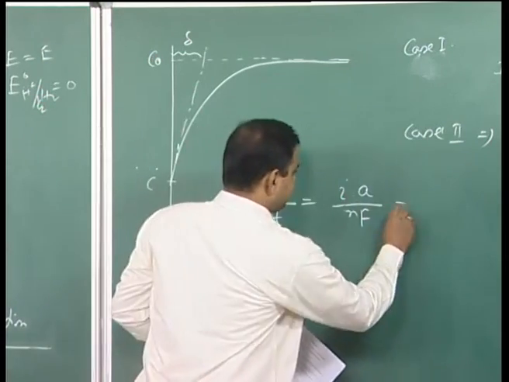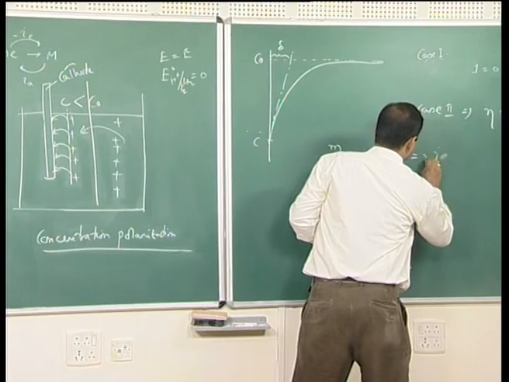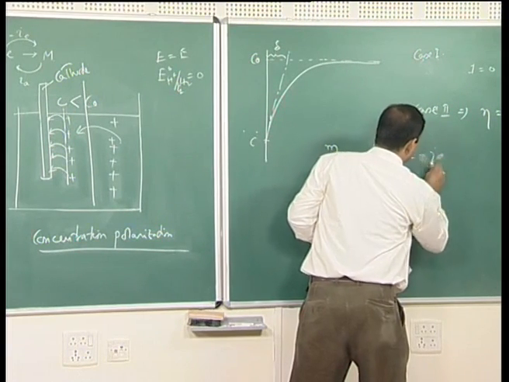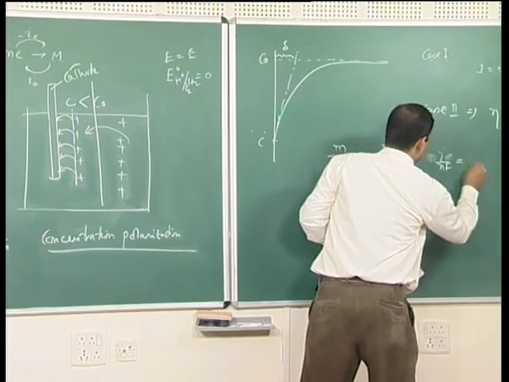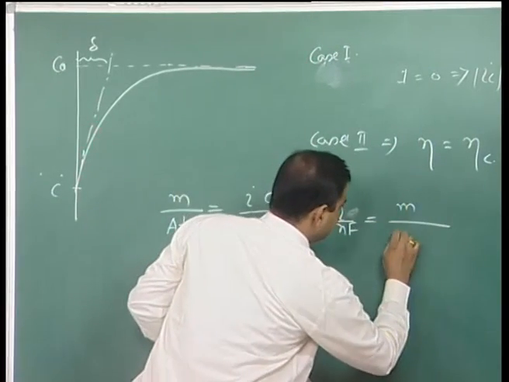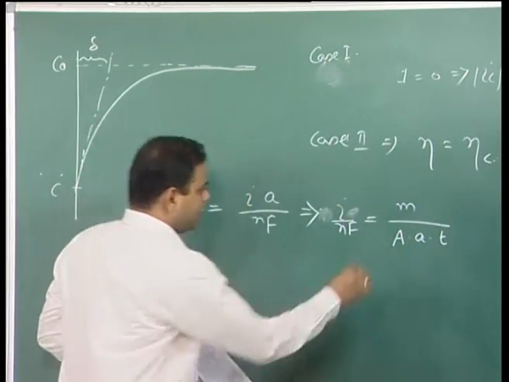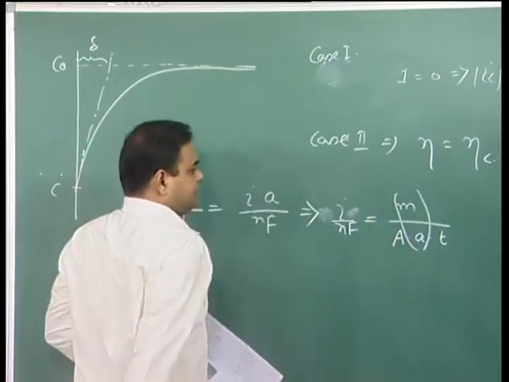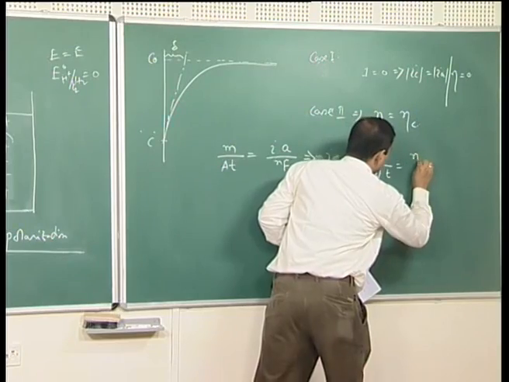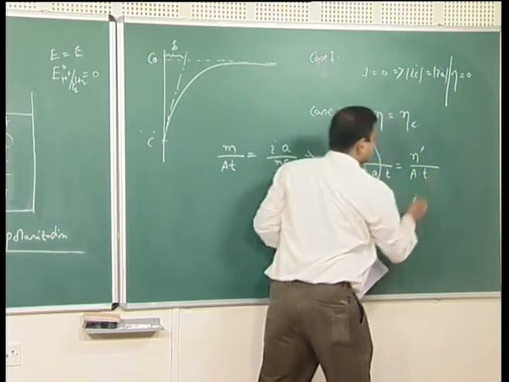Now from this I can find out I into a by n F, that is m by A into t. And what is this? This is nothing but number of moles per area into time.